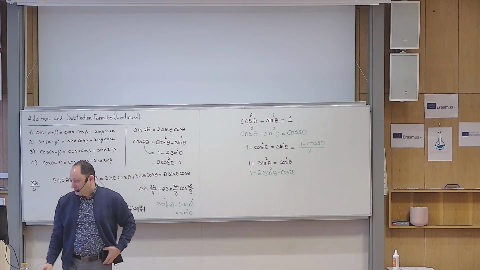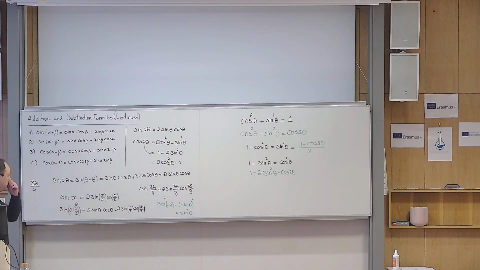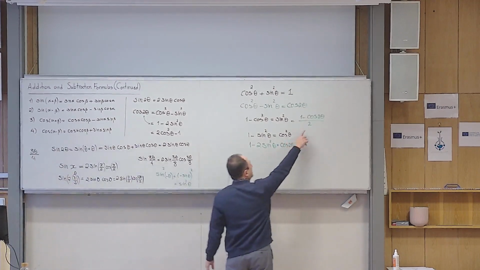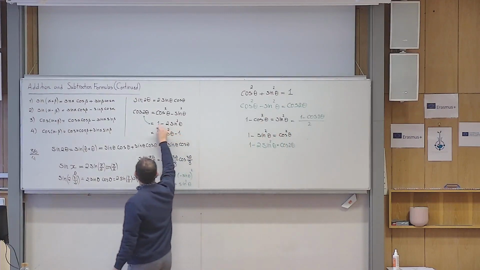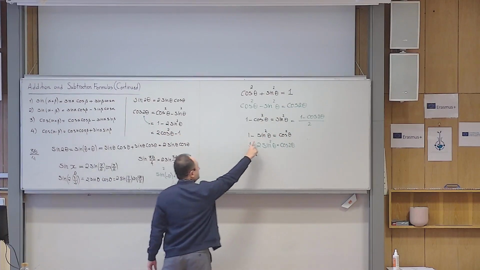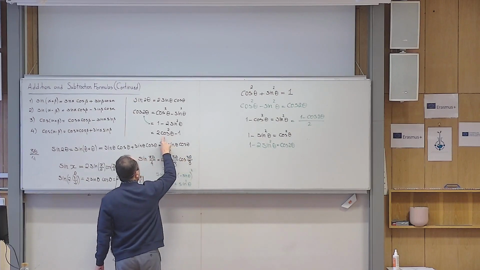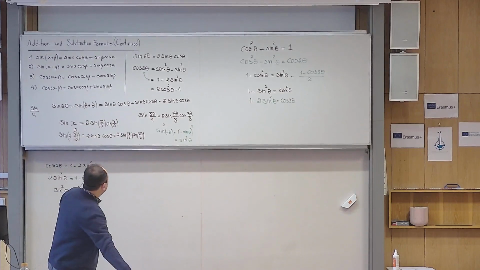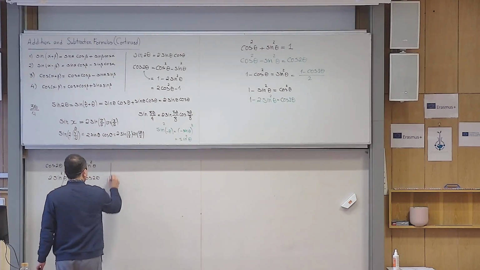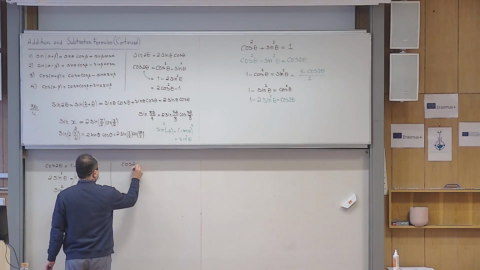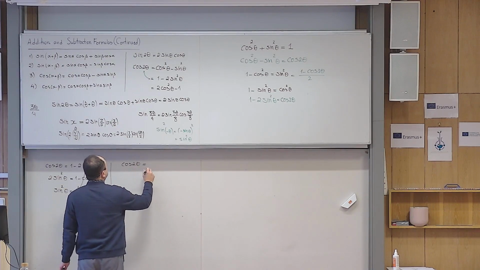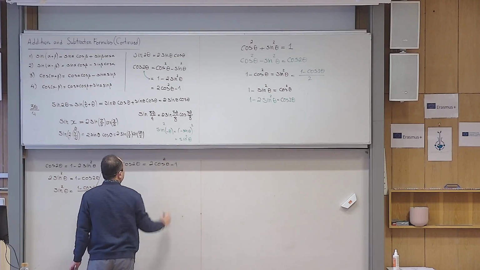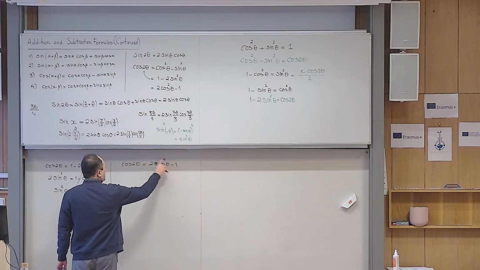Okay, if you don't mind, let me change the battery here. So you see, for this one, I started from these 2. For the next one, I will start from these 2. So what can I do now? I can write it here for you. Another formula for cosine of 2 theta is equal to what? 2 cosine theta squared minus 1. So this time, let me move 1 to the other side.